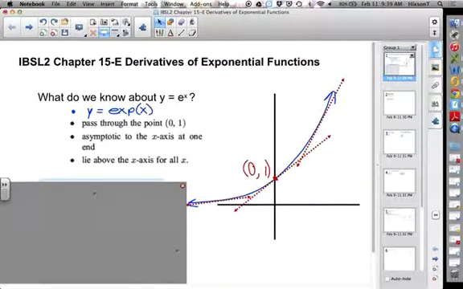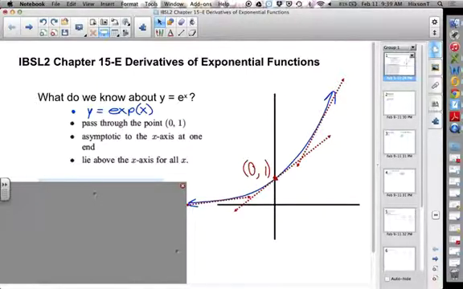Now, obviously, all of the different transformations that we can apply to functions, we could apply to this. For example, if we made x negative, it would reflect it across the y-axis. If we made it a negative e to the x, it would reflect it across the x-axis. And obviously we could add to it or subtract from it to shift it around and all that stuff too.